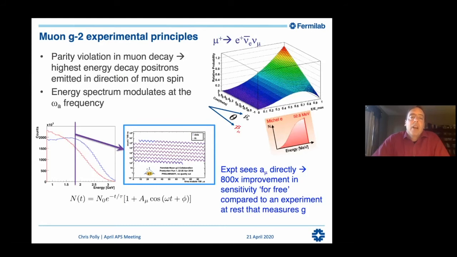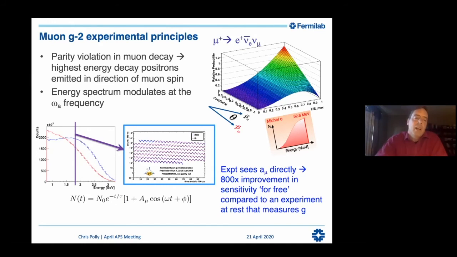Just an aside on how we're able to see the spin direction of the muons. Parity-violating muon decay results in the highest energy decay positrons being emitted in the direction of the muon spin. At the end of the day, what that means is that the energy spectrum modulates at the omega_a frequency. As the muon spin is aligned with the momentum versus anti-aligned with the momentum, the energy spectrum oscillates up and down at the omega_a frequency.